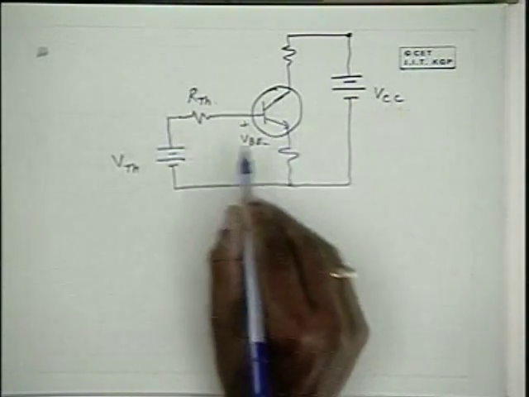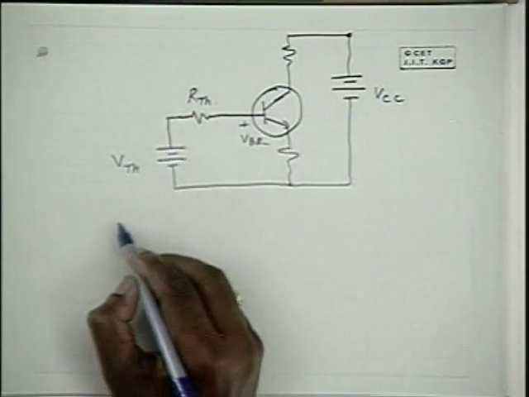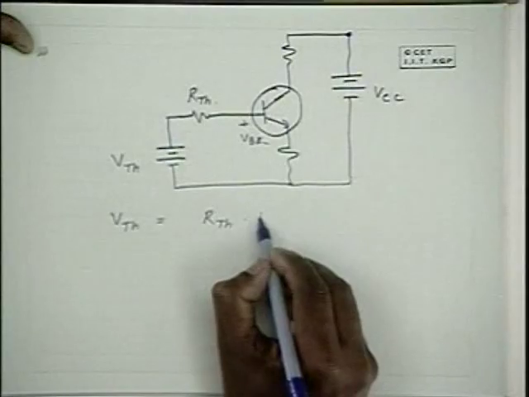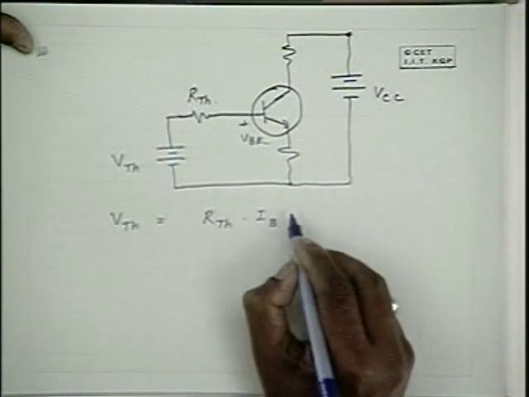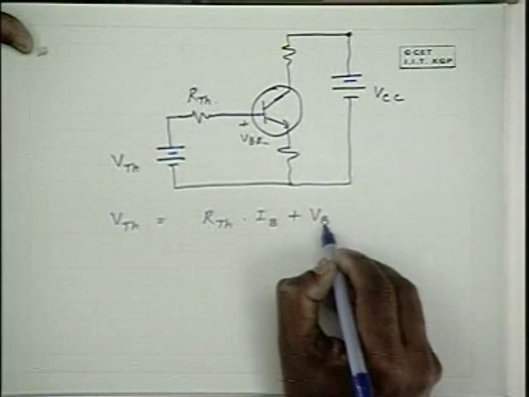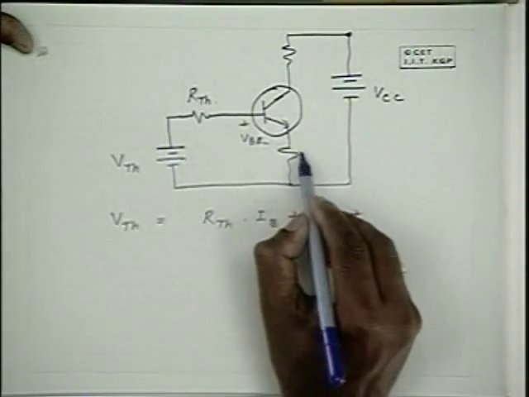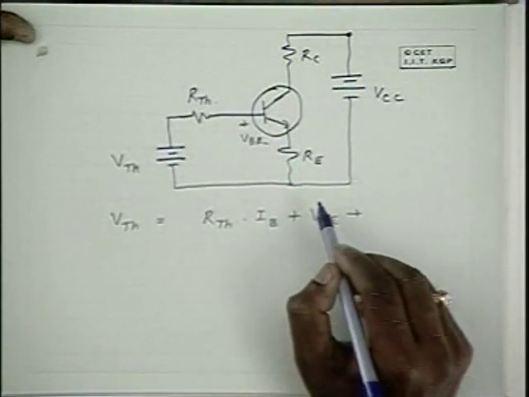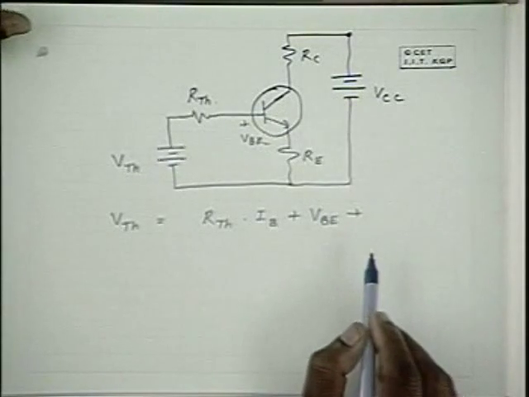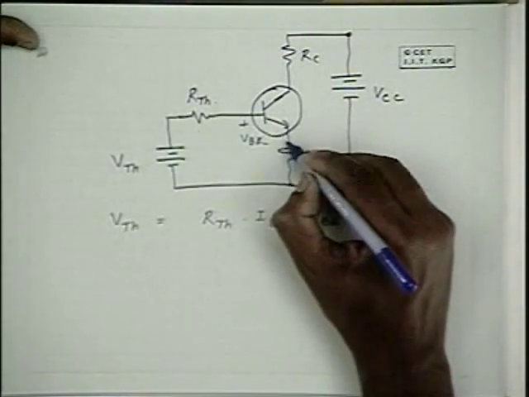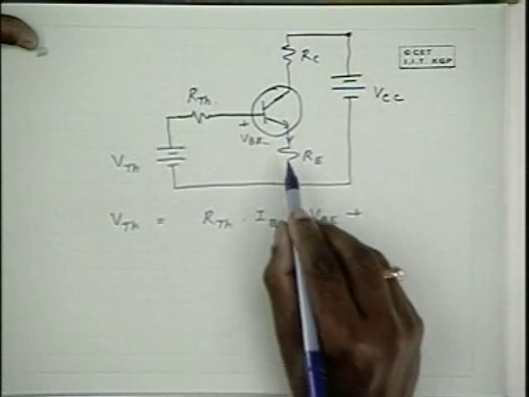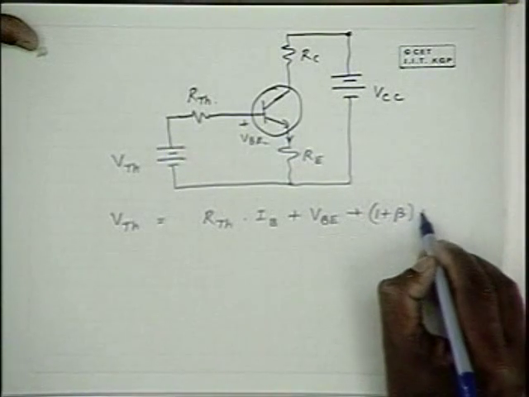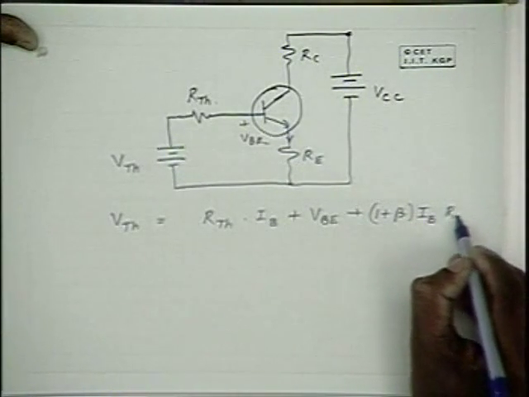Therefore, Kirchhoff's voltage law in this mesh gives us V Thevenin equal to R Thevenin into IB plus VBE plus the voltage drop across RE, and the voltage drop across RE is IE into RE, and IE in terms of IB is 1 plus beta into IB, into RE.